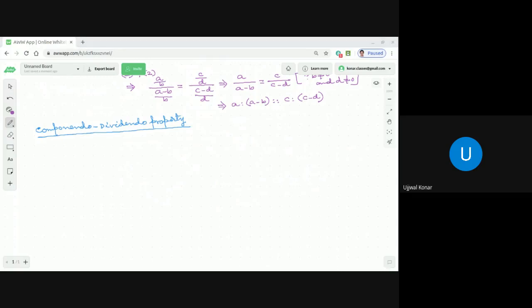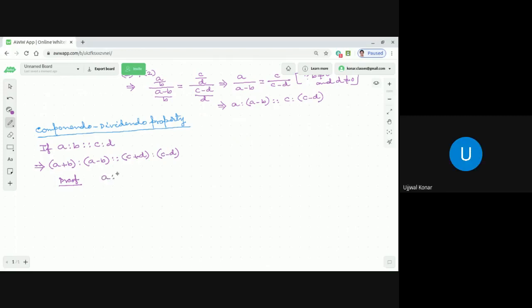This property says that if A is to B is equal to C is to D, then this implies that A plus B is to A minus B is equal to C plus D is to C minus D. We can prove this. Let me prove it.